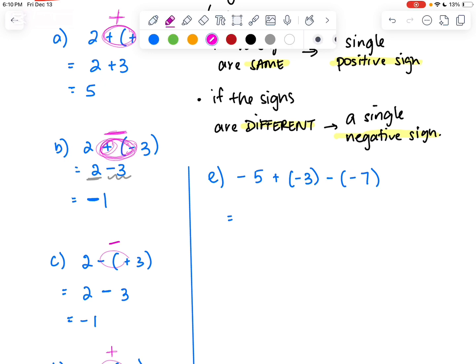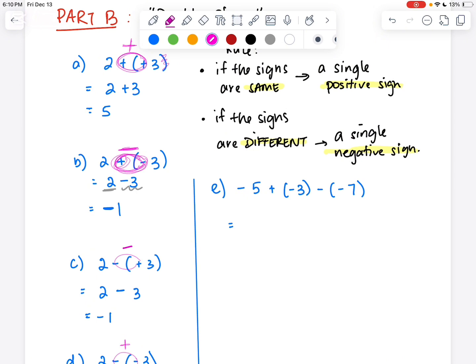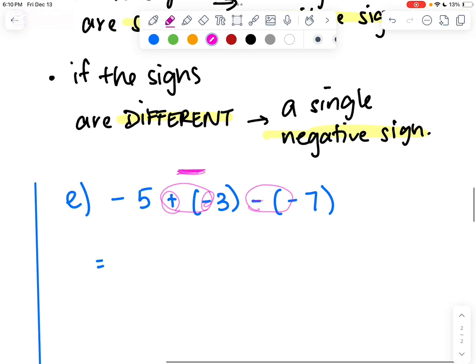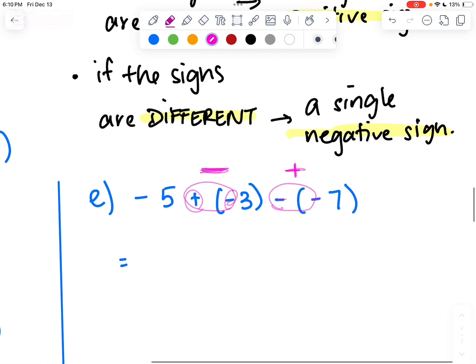Okay, when you come back, I'm hoping that you saw that there's this double sign thing here that we can use these rules for. And if not, again, that's okay. Then the question might be, what do I do with this? Well, let's leave what we don't know what to do with first. What we do know is that these are 2 different signs, so this whole thing collapses into a negative. These are the same signs, so this whole thing collapses into a positive.